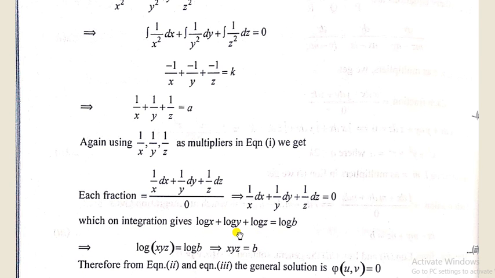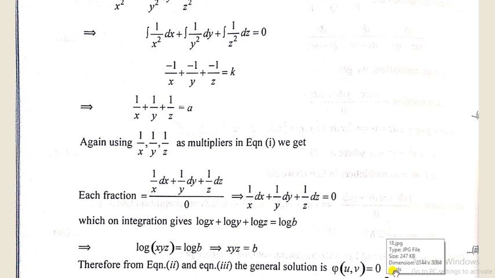So similarly log x plus log y plus log z is log of xyz equal to log b, or if you cancel log on both sides, xyz equals b. So a is the first result, b is the second result.